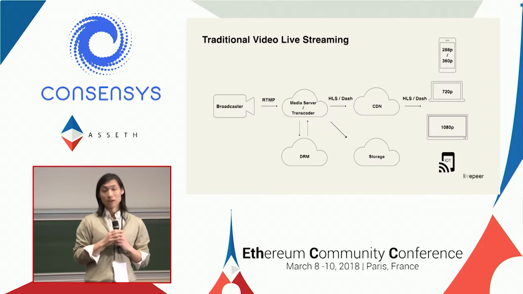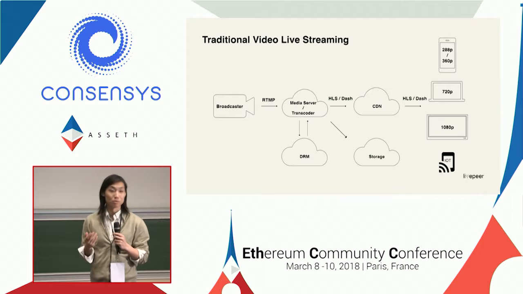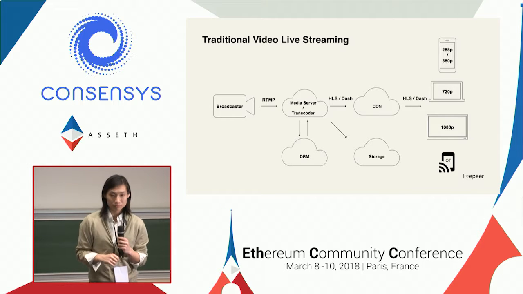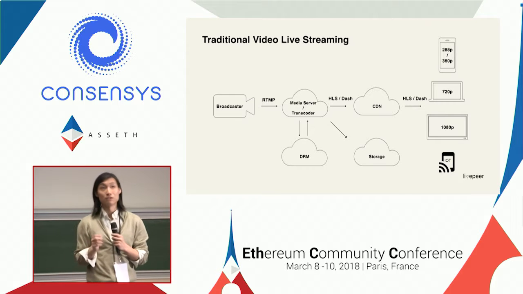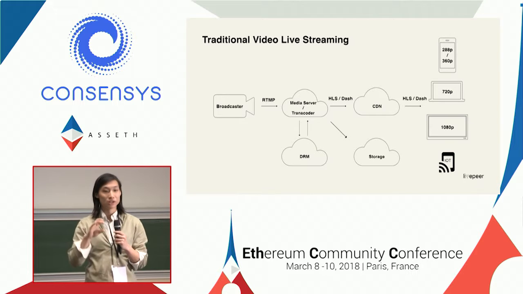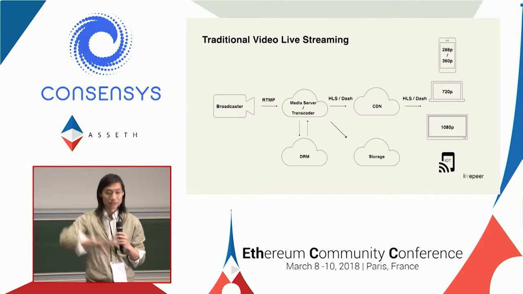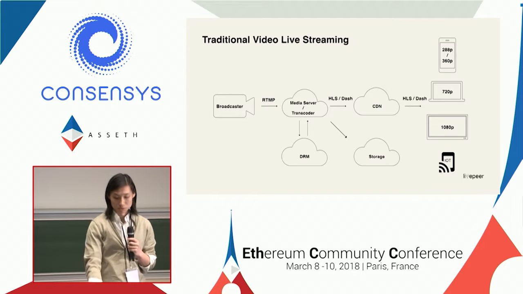It can also potentially apply DRM on top of the video to preserve the privacy of the video itself. And if you want to send the video to a lot of people, you have to send it into a content delivery network, which multiplies the video and then sends it to the edge of the network where all the devices are to consume it.